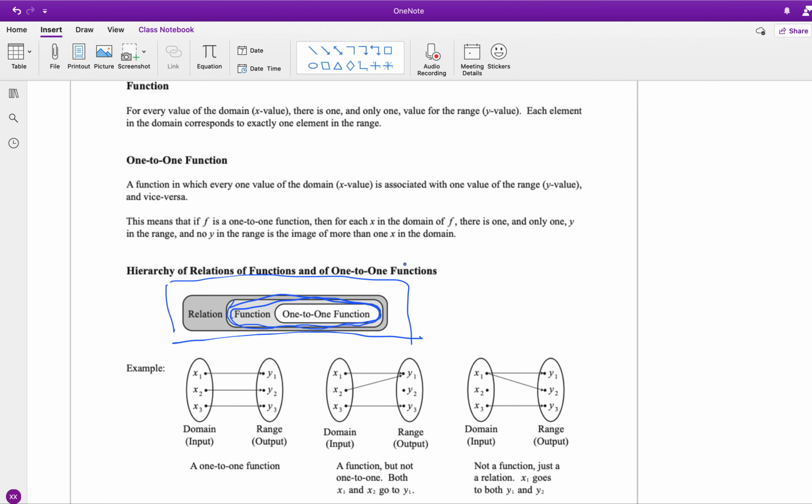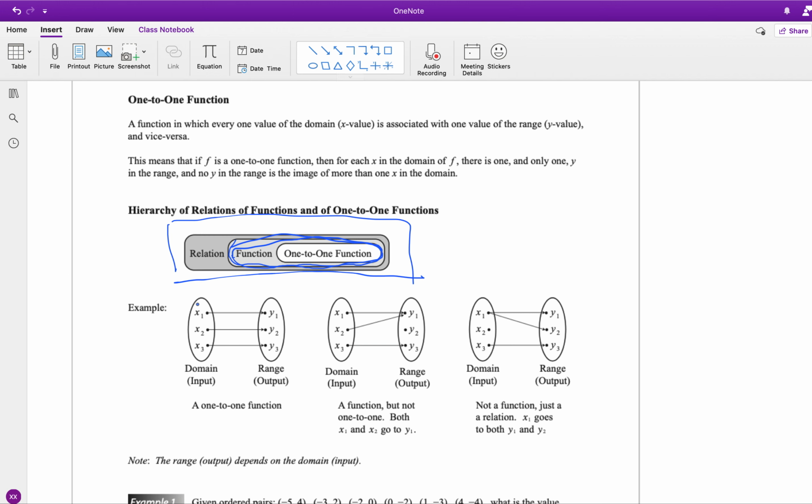Now you have all these possible x values, x1, x2, x3, and you produce these y values. From x1 you get y1, from x2 you get y2, from x3 you get y3. So it's one and another one corresponding to each other. In this case, it's called a one-to-one function.